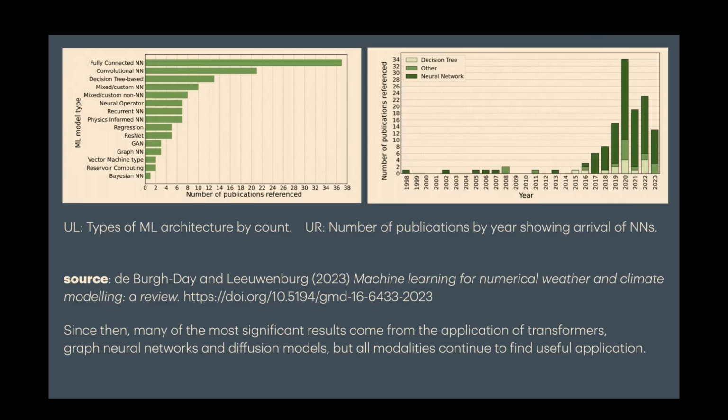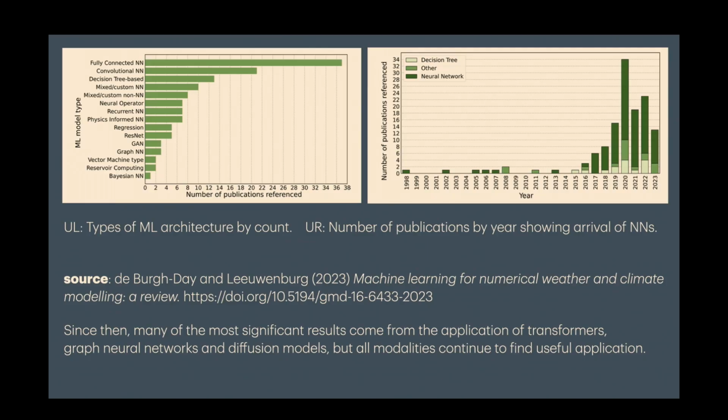So back in 2023, it was possible to actually go and find all of the machine learning models. A colleague and I went through this process of doing so within a particular scope. There's a lot of caveats around what is and isn't a weather and climate model and so forth, but we found the scope, and you can see in the timeline when it is that machine learning really starts taking off in the field.